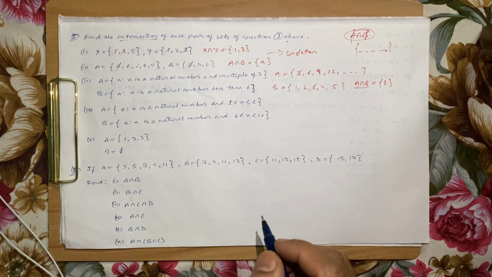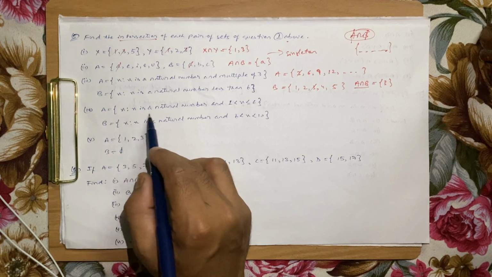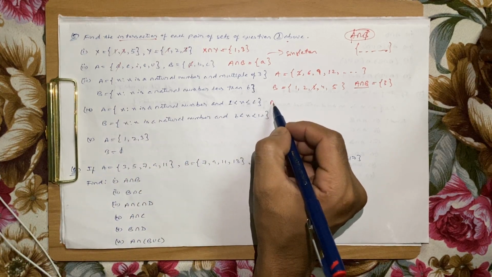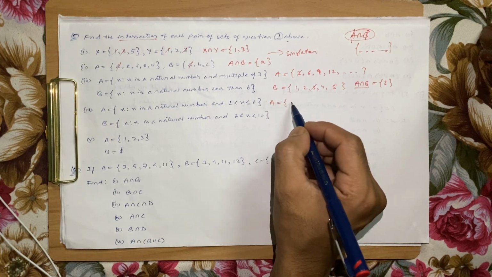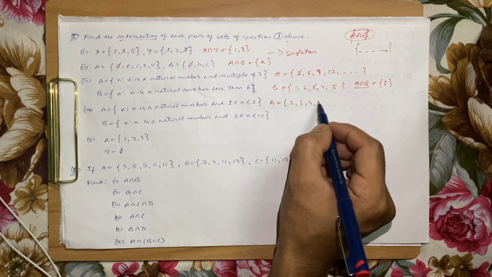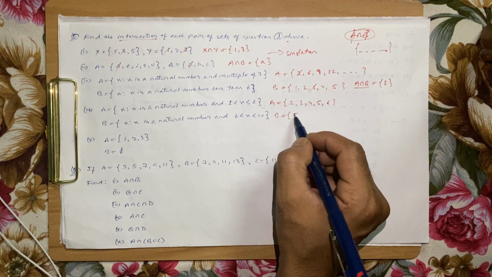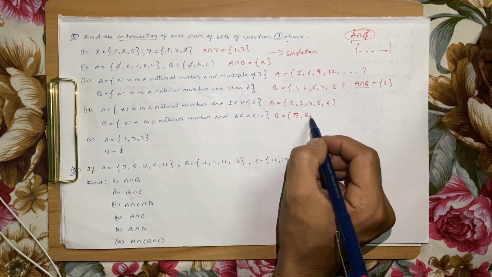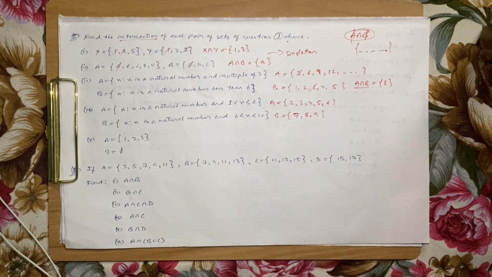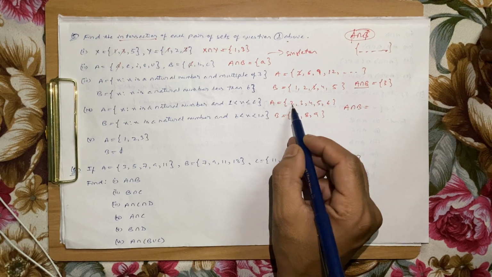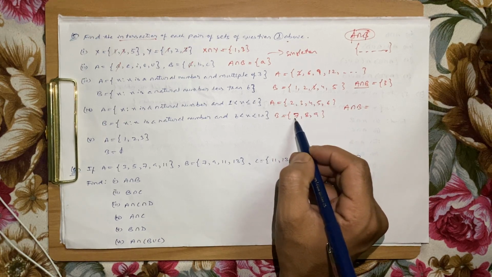And now the next one is X is a natural number and this. So we have found that set A is what? 2, 3, 4, 5, and 6. And set B is what? 7, 8, 9, this much, right? So A intersection B. Now see, is there any common element? This is 2, 3, 4, 5, and 6. This is 7, 8, 9.